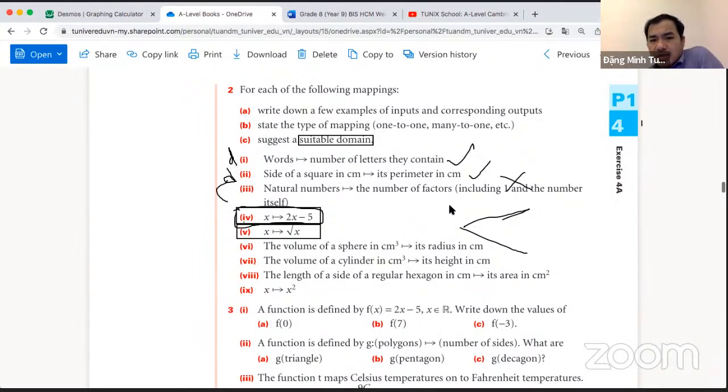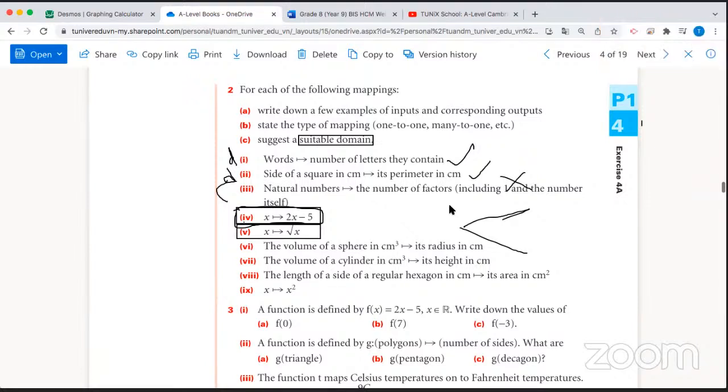For x and 2x minus 5, it's easy, right? And x to the square root of x, it's okay if you take positive x, each square root of x gives you one value only. If for one value of x you can find two values of y, then it is not a function.